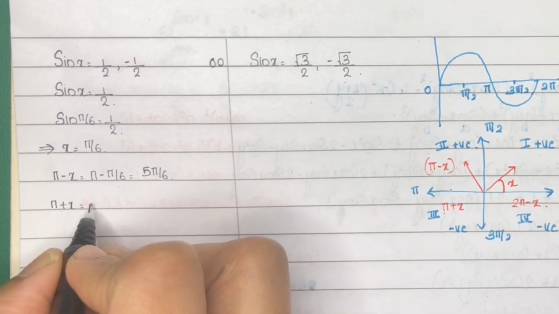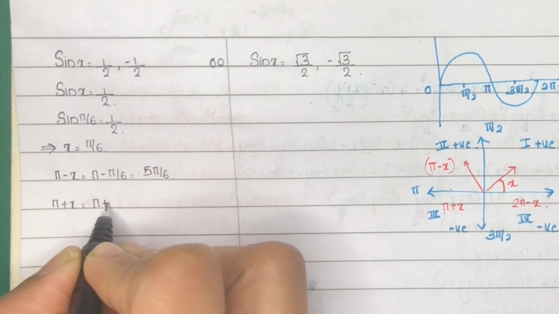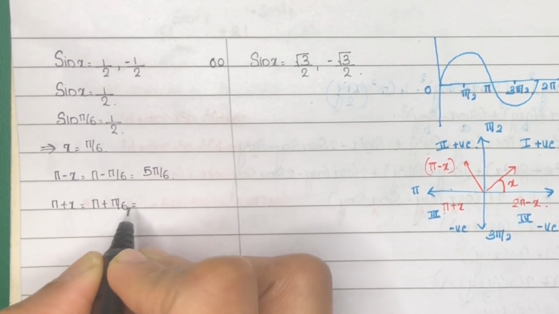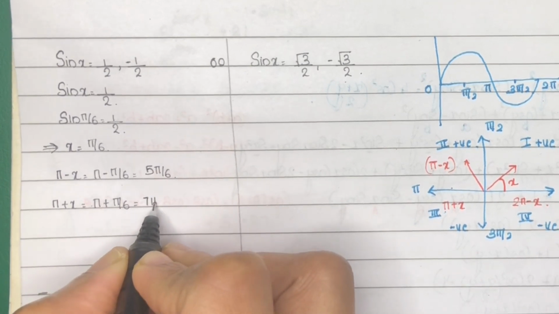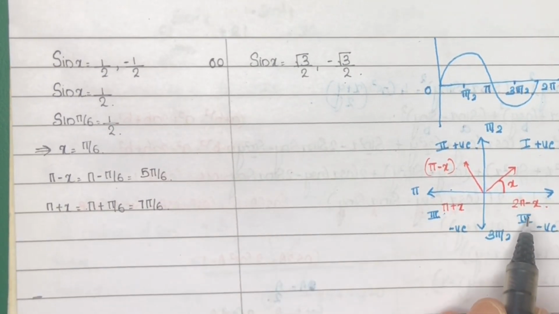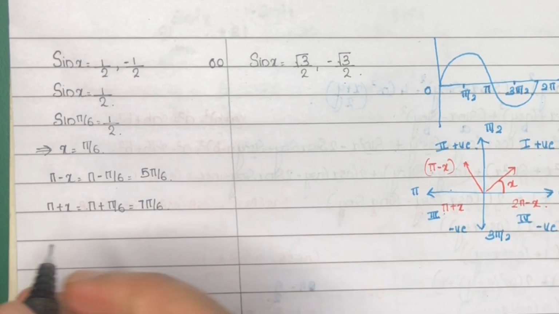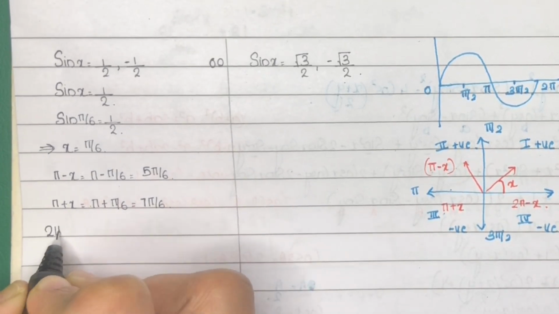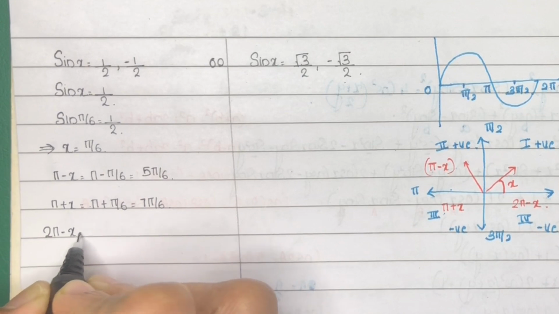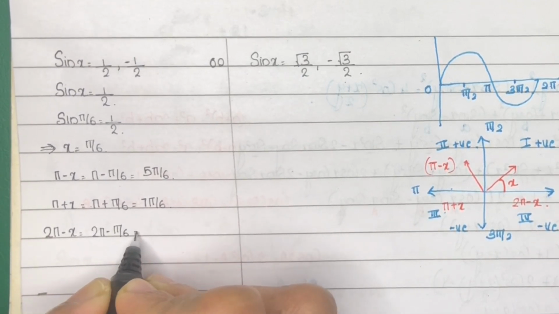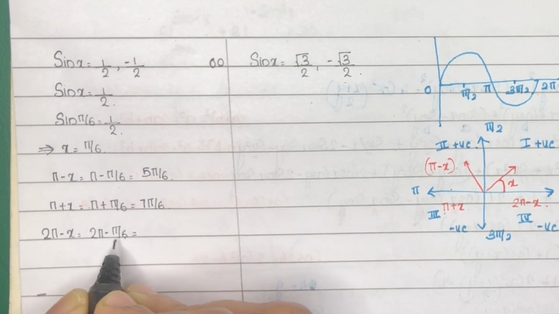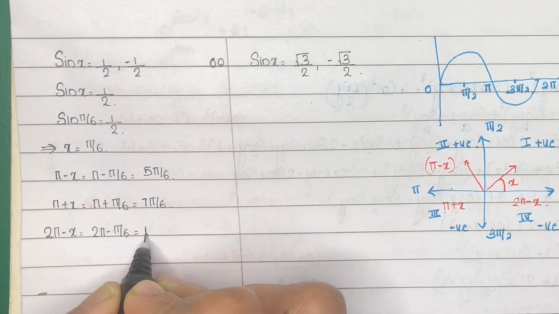Pi plus x equal to pi plus pi by 6 equal to, LCM is 6, so 6 pi plus pi, 7 pi by 6. Next, in the fourth quadrant, 2 pi minus x equal to 2 pi minus pi by 6. LCM is 6. 2 pi into 6, 12 pi minus pi, 11 pi by 6.